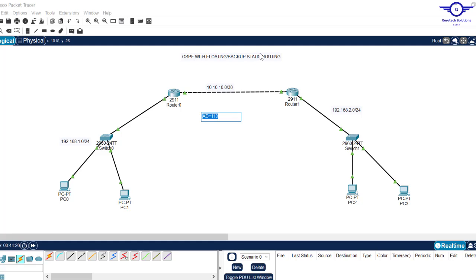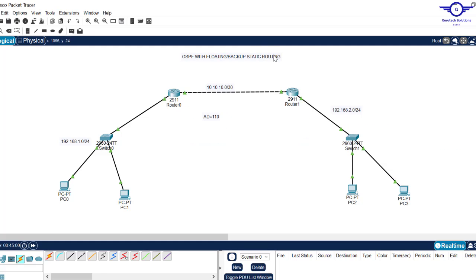So the backup should have an administrative distance which can be 120, 130, 140, or even, let's say, 170, something like that, such that when OSPF fails, because a routing protocol with the lowest administrative distance is the one that will be used. So when that one fails, because it's the primary, then the backup with the highest administrative distance will be used. So in this case, we've configured OSPF.